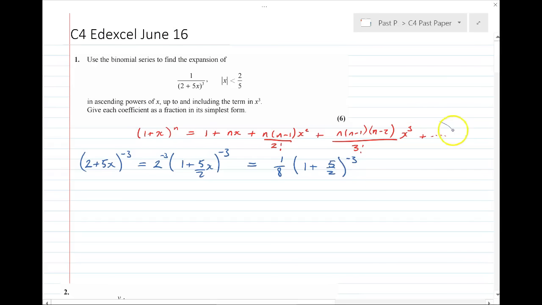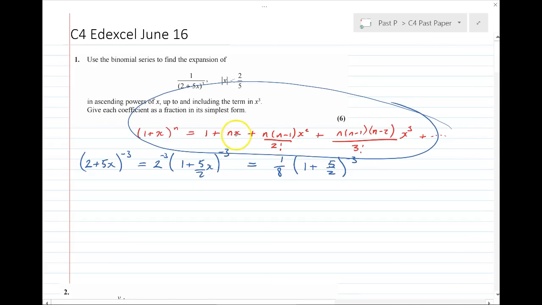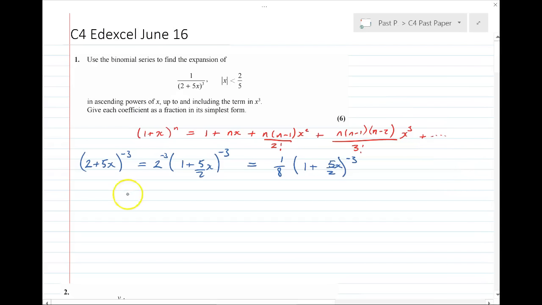So now it is a case of just using this binomial formula with n equals -3 and replacing x here with 5 over 2 x. Okay. So, let's get on with it.